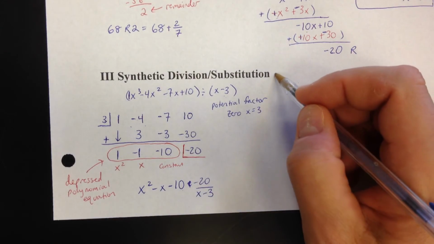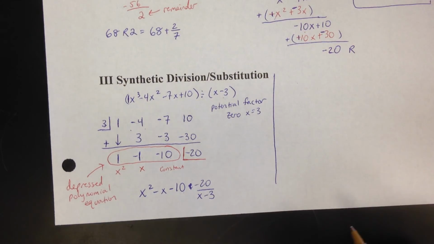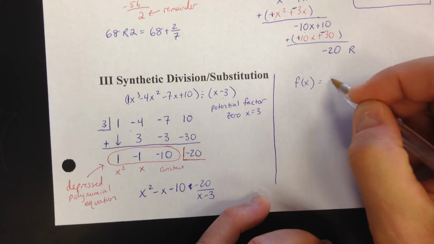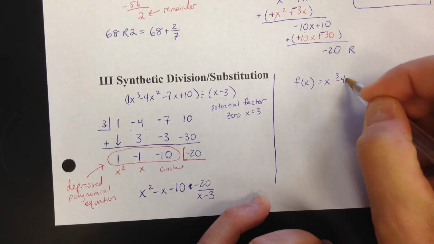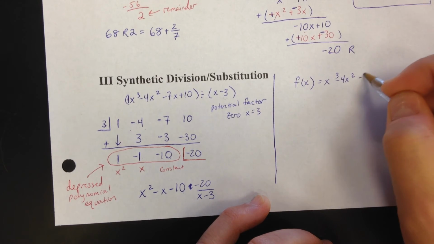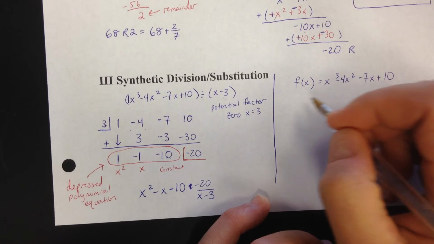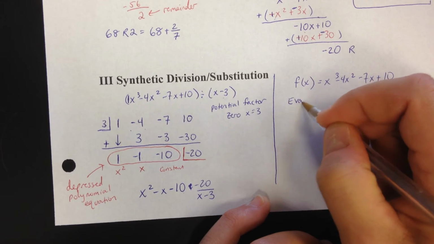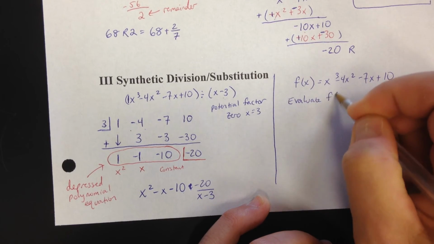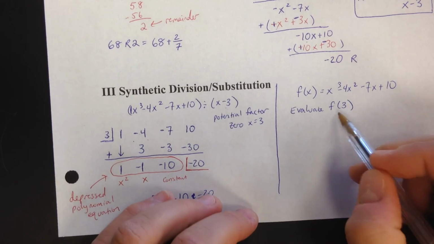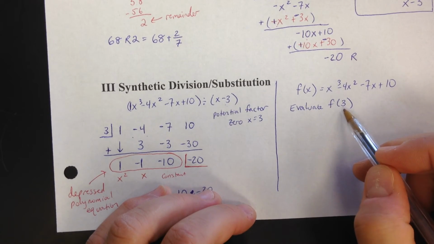Now, another use for this is if I was going to substitute, if I think of this as a function, x to the third minus 4x squared minus 7x plus 10, that was the function. If I was going to evaluate f of 3, so in other words, what's the y value when the x value is 3?